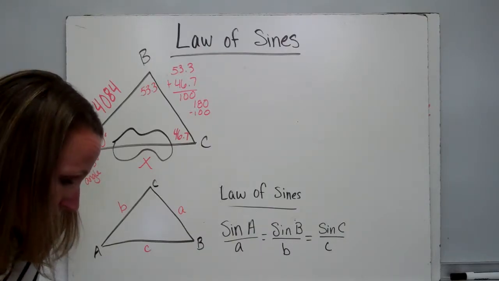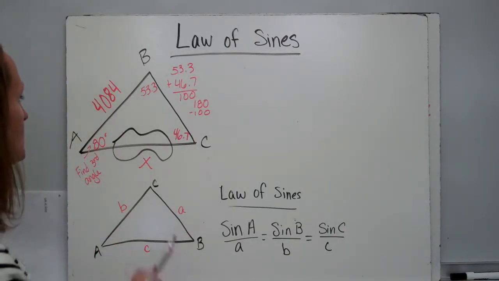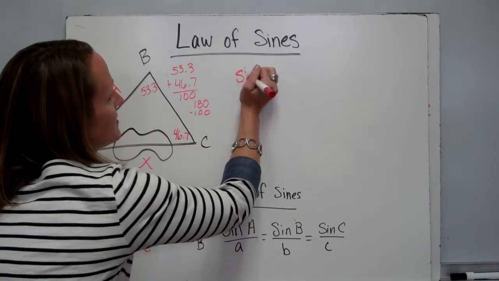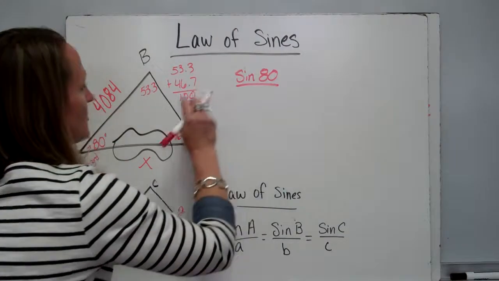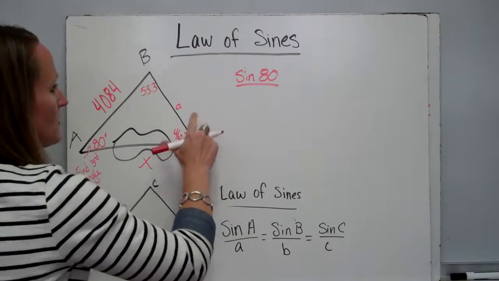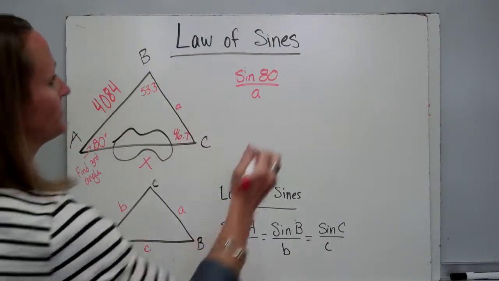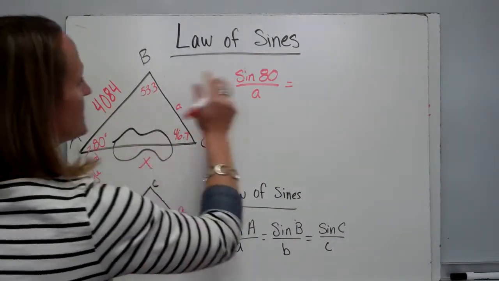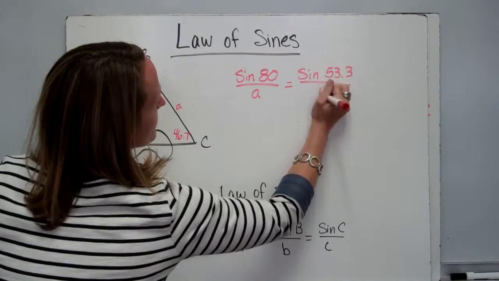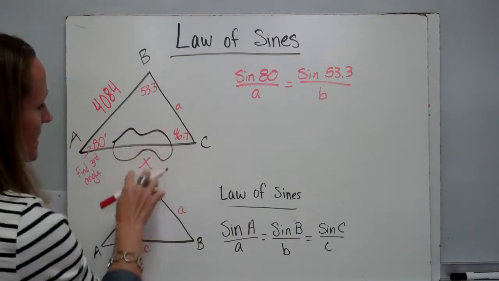So let's look at this top one and solve for our missing side. Let's go ahead and set this up. We know the sine of A is 80. So we would say the sine of 80 over side A right here, because we don't know the length of side A. Then the sine of B is 53.3 over B, and that's what we're looking for, side B, the side across from the angle.